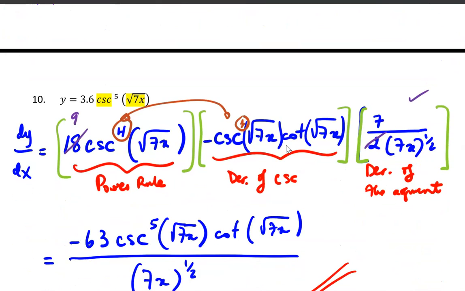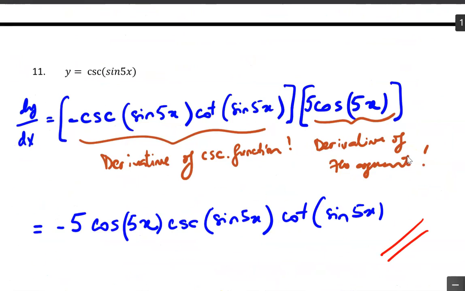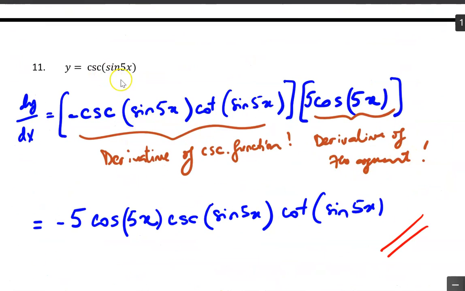Alright, so again, the same concept applies. Be mindful of your square root of a function and convert that to the correct exponent. This one is the derivative of a trig function, but the argument of this trig function is another trig function.